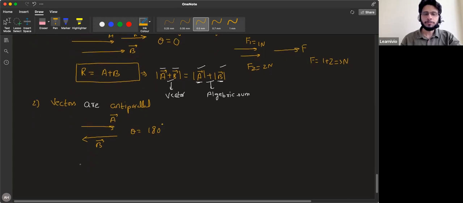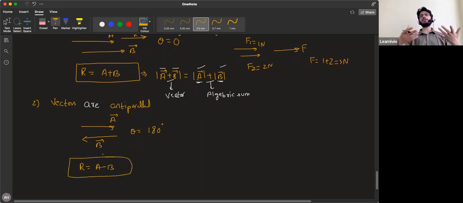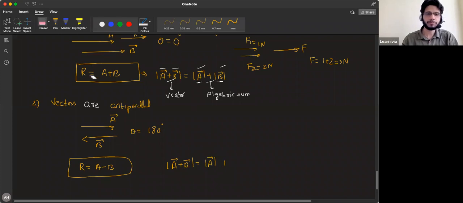So when you add them up, the resultant comes out to be A minus B. So you are adding two vectors, but due to this angle of 180 degrees, the end result is subtraction of magnitudes. If you want, you can write this also in this way: the magnitude of vector A plus vector B is the magnitude of A minus the magnitude of B.